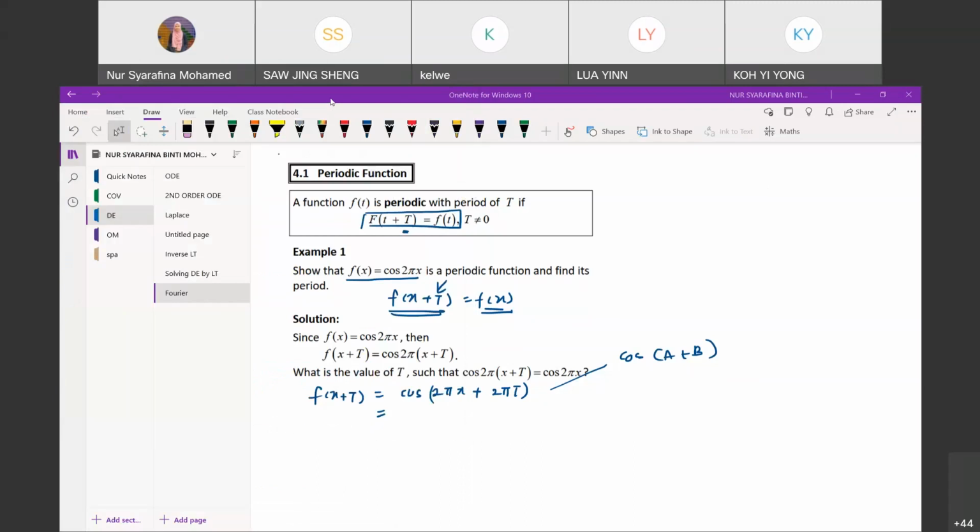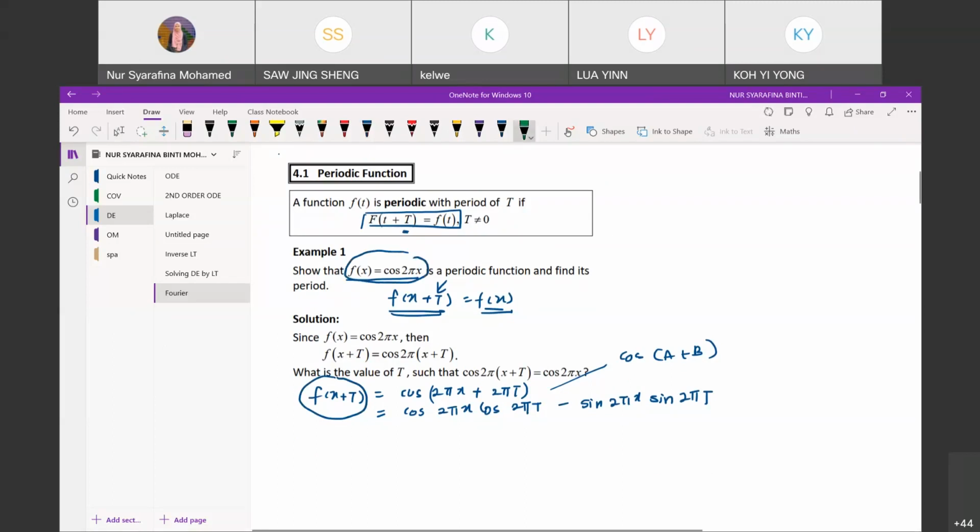Right? So now we expand. Now we have cos 2πx cos 2πT minus sin 2πx sin 2πT. Okay? So we are going to find what is the value of T so that this f(x + T) equals this f(x).